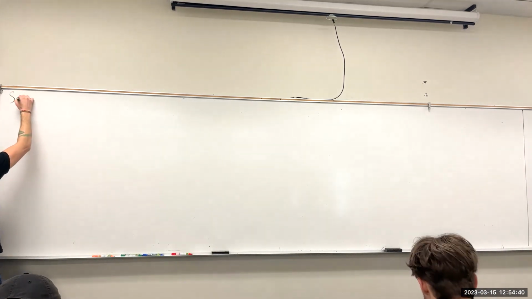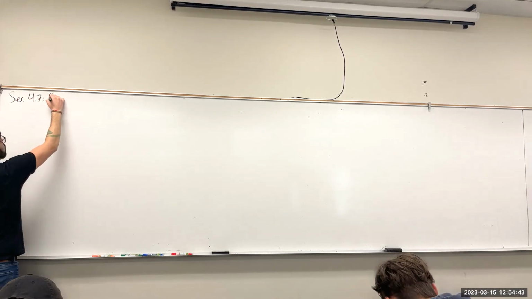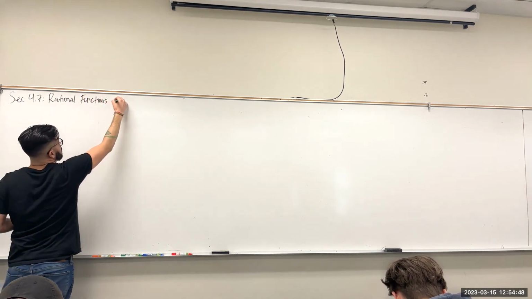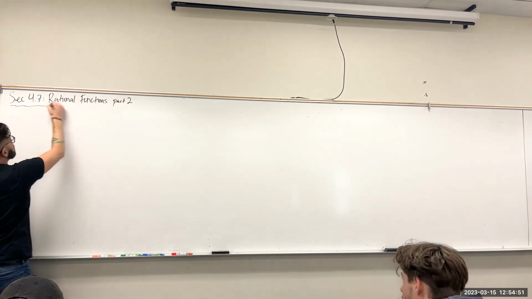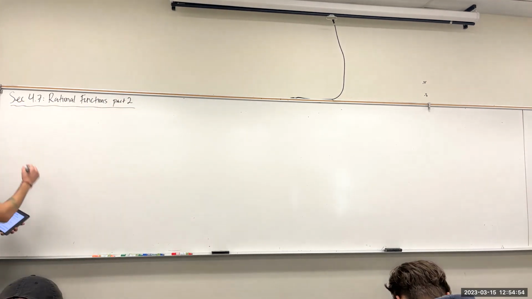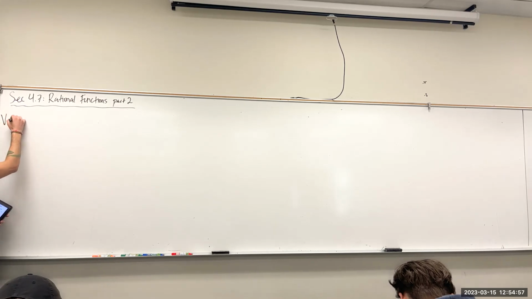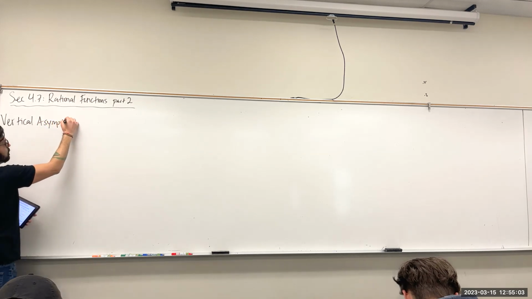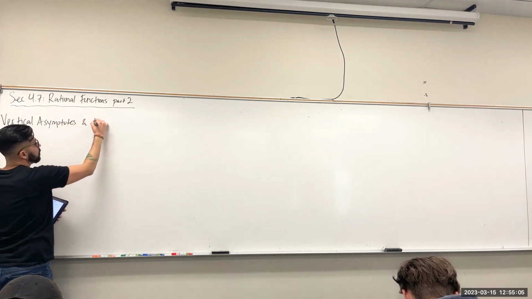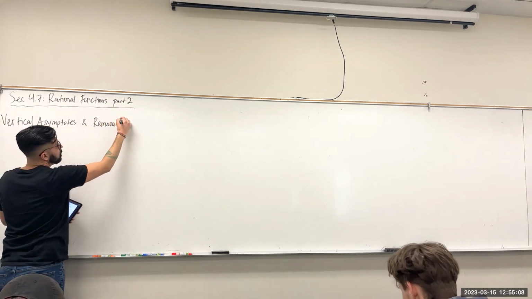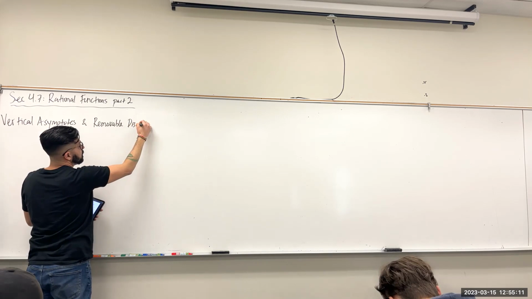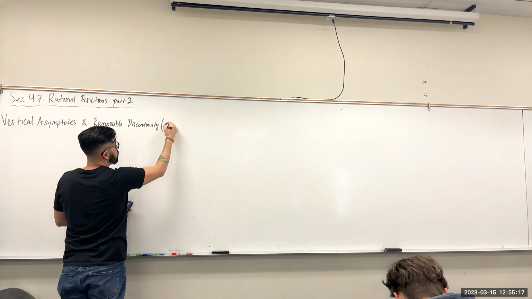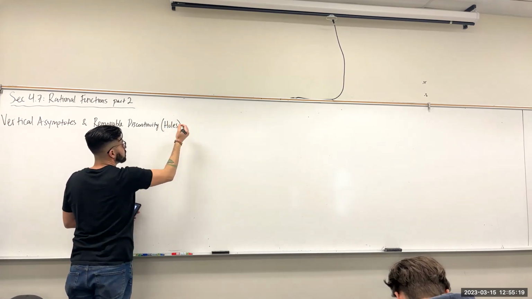Let's see. So we're doing section 4.7 still, rational functions. Let's call this part 2. What we're going to focus on right now is something called vertical asymptotes, and this new thing we're going to call removable discontinuity, which in the graph just means holes.